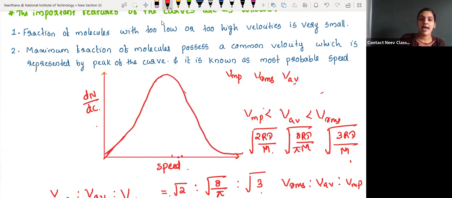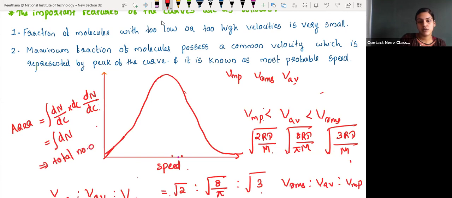In that case, area will be equal to integral of dN by dC into dC, and it will be equal to integral dN, which means the total number of molecules.